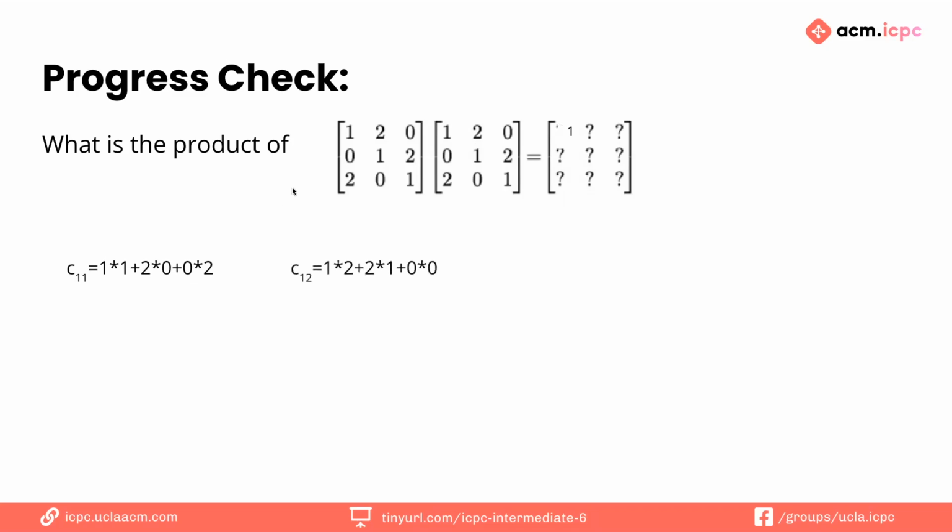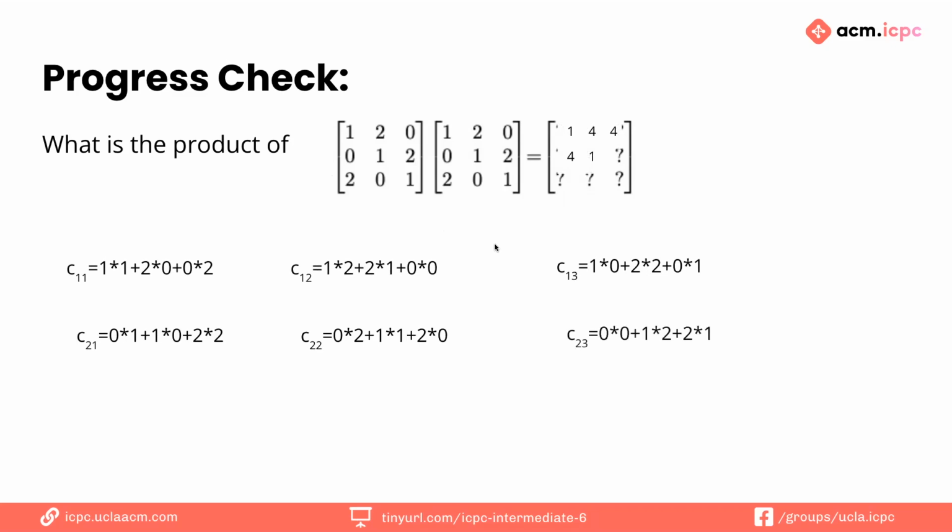And for C12, we take the first row and second column, which is 4. And then C13 is also 4. And C21 is 4. And C22 is 1. And C23 is 4. And then 4, 4, 1.